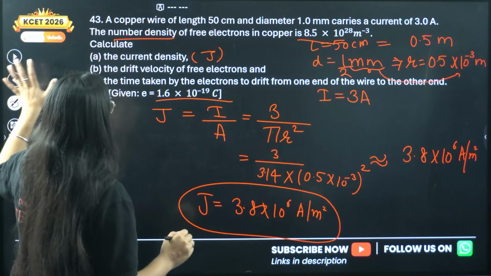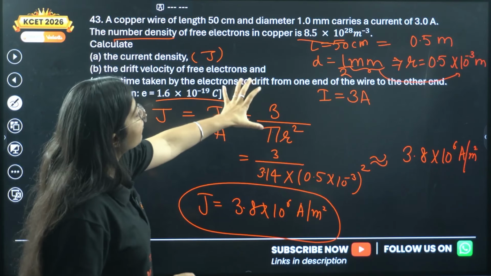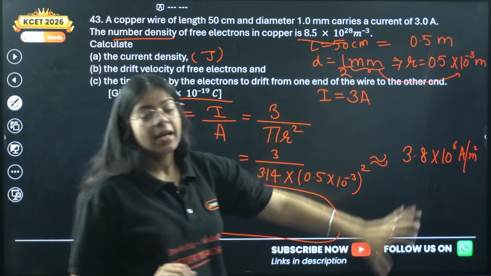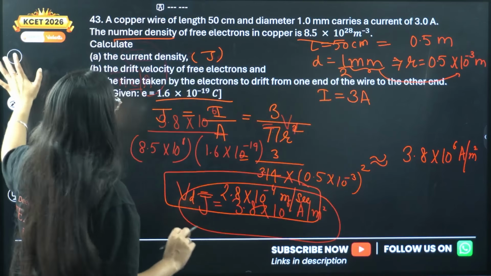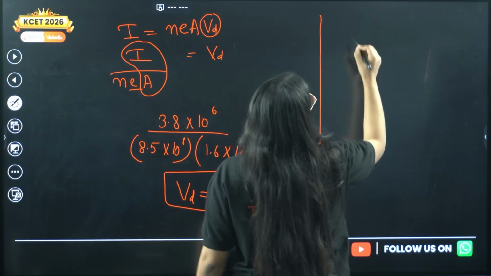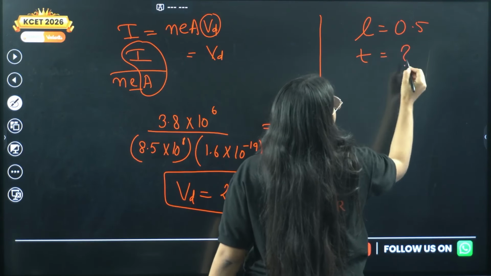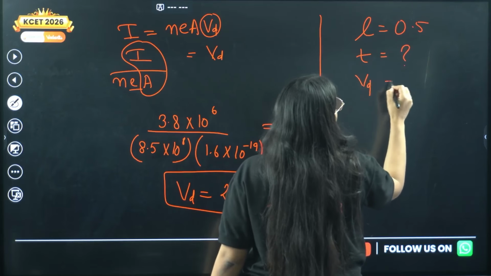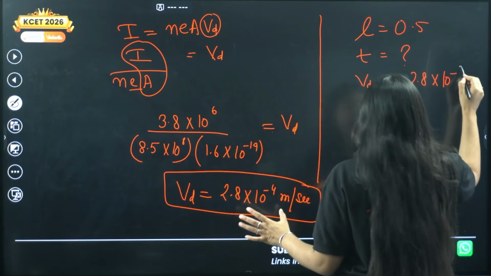Now they asked us to calculate the time taken by the electrons to drift from one end of the wire to the other end. The length of the wire is also given, which is 0.5 meter, so they have to travel a distance of 0.5 meter. We need to find the time. We also know the drift velocity, 2.8 into 10 raised to power minus 4.